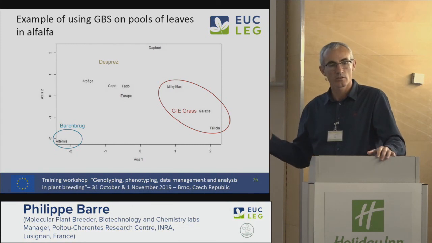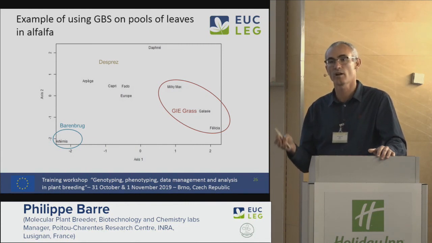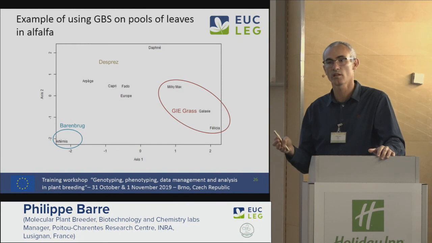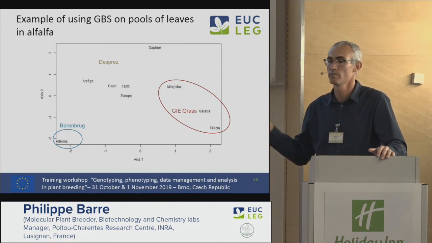With GBS markers, since you have like 10,000 markers, it's possible to distinguish between alfalfa varieties. And some of you work with alfalfa, and you know the kind of diversity you can have in one alfalfa variety. So this was something very useful.